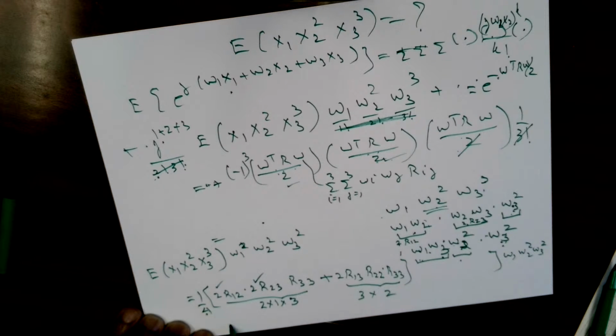So notice 4 goes out, and the result, if I'm right, 4 cancels here. So you get 6 r12 r23 r33, and then 3 r13 r22 r33, etc. I hope this is right.